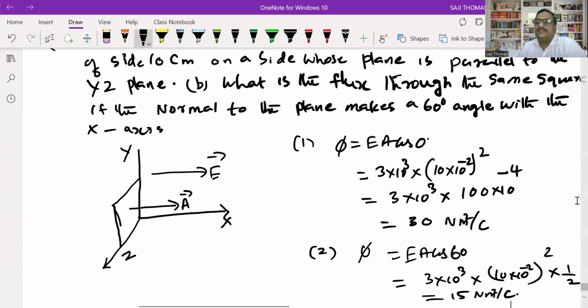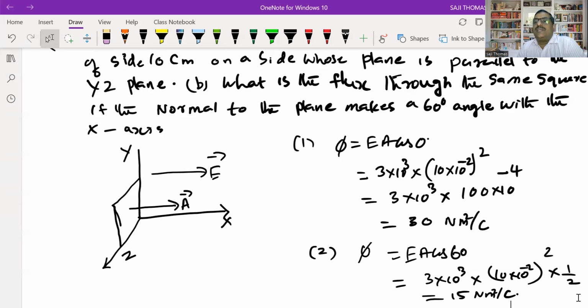But if the question is like this: if the plane of the square makes an angle of 60 degrees with the x-axis, then what will be the answer?